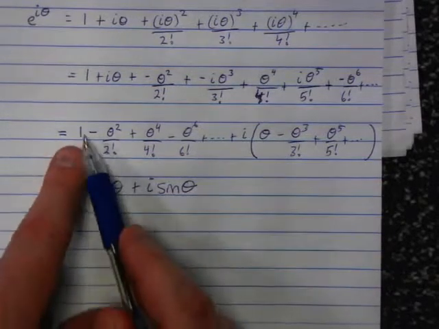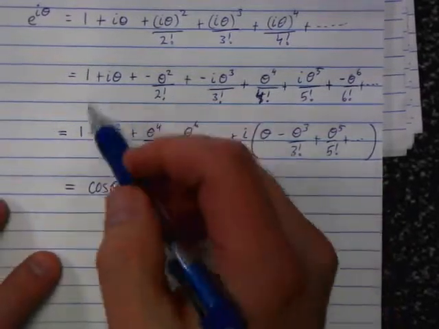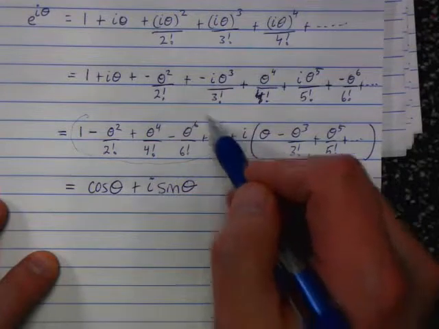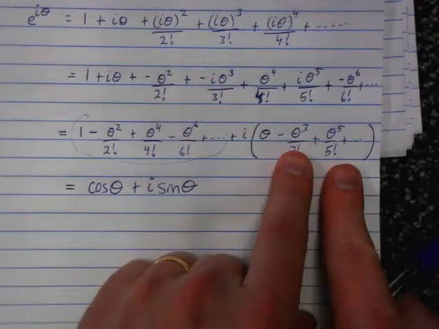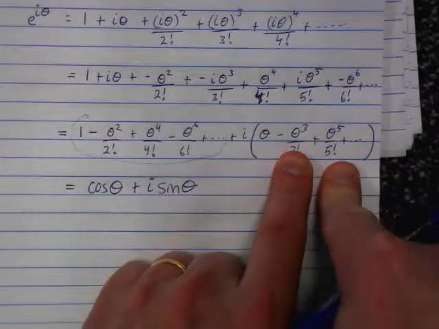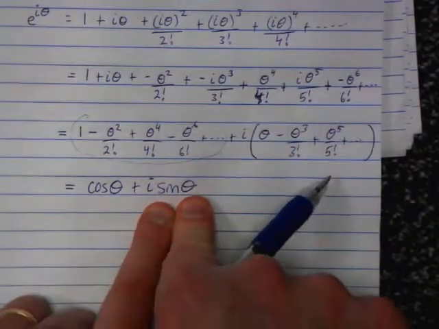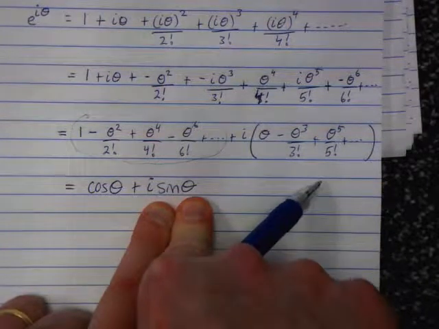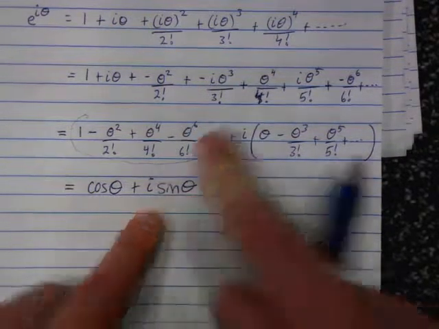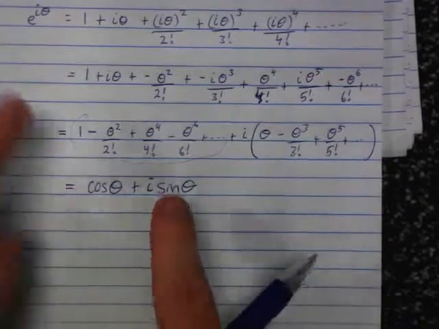If I add all of these up as one block, it is the cosine series. In the second block, all of these, I could write them in summation notation, but if I add them all up, that turns out to be sine. Okay, so that's Euler's famous formula.